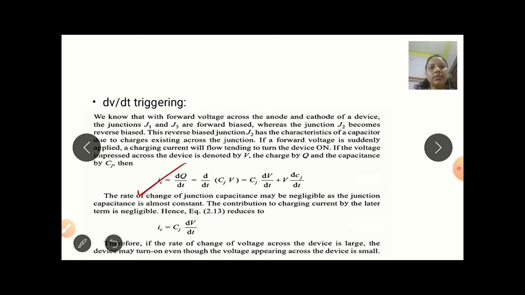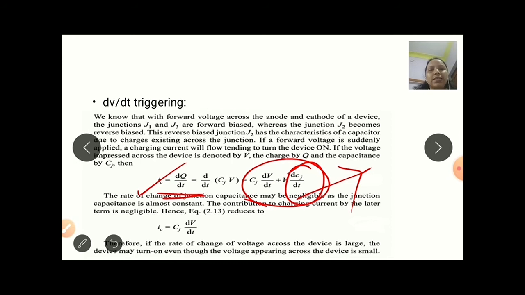Ic is dq/dt, where q is equal to Cj times V. The derivative gives Cj into dV/dt plus V into dCj/dt. Here Cj is a constant and the derivative of Cj is negligible, so V into dCj/dt is a negligible part.